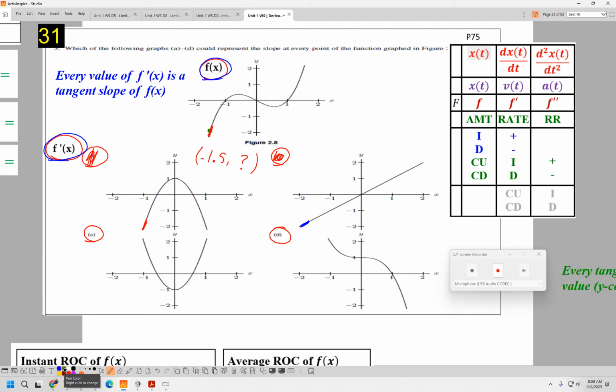So we pay attention to this slope right here. And we note that that slope, that tangent slope right there is positive. And then we go looking on f prime to see if we can find y coordinates that are positive. So this y coordinate is negative. This y coordinate is negative. That's a mismatch. The y coordinate here has to match the slope up here. You okay, Ella? Okay. There we go.